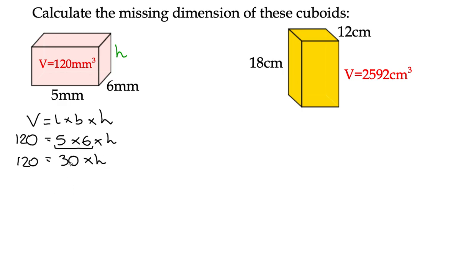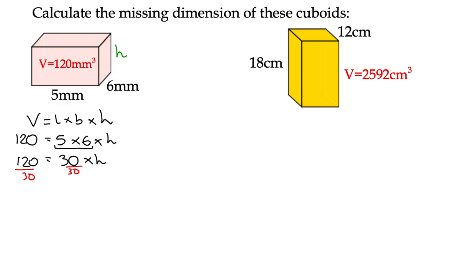Now remember, in algebra we sometimes don't even put the times sign here, so 30H would be fine. And we know that if we've got something multiplying a letter and we want to solve it, we just do the inverse operation. So if I want to undo or cancel out the times 30, all I have to do is divide both sides by 30.